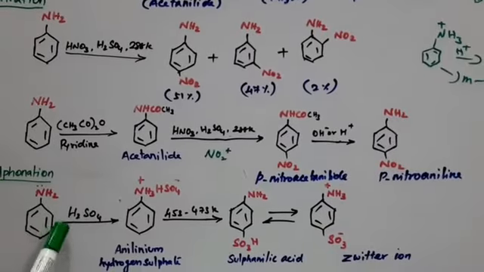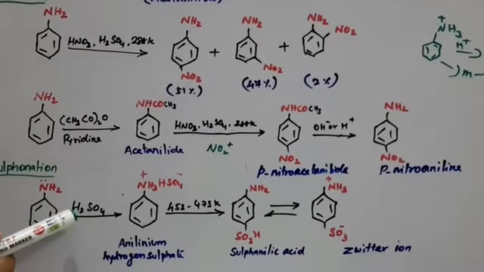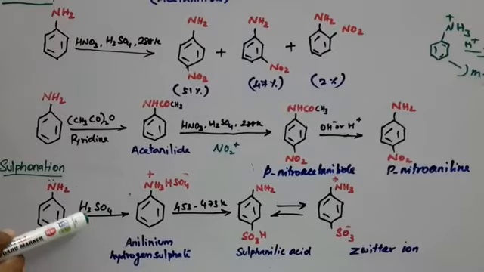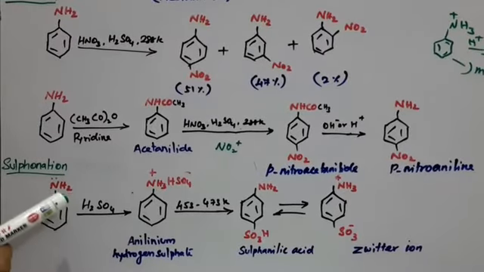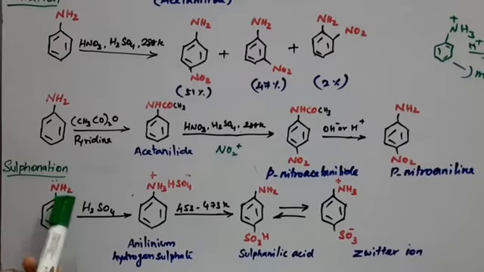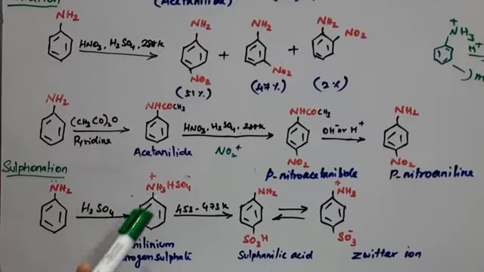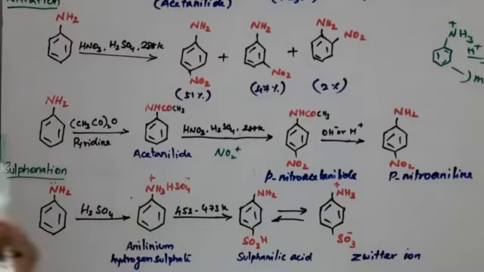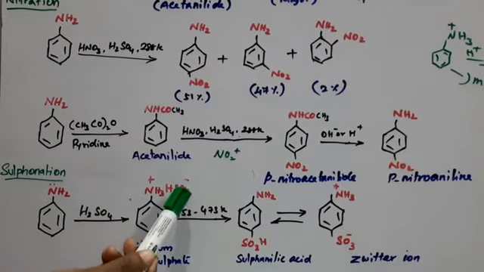Okay, sulfonation. Sulfonation means HSO3 plus is the electrophile. So here first of all, aniline reacts with H2SO4 to form anilinium hydrogen sulfate, positive and negative.